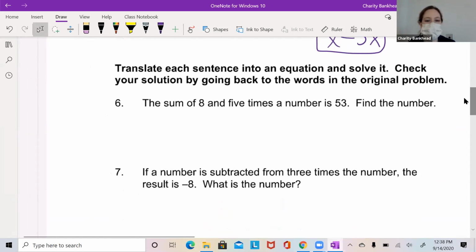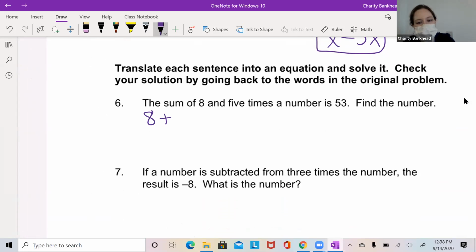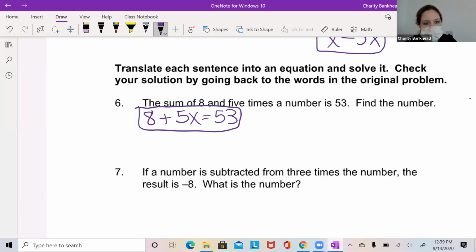So the sum of 8, so that's like 8 plus. So the sum of 8 and 5 times a number, that would be 5x, equals 53. So that is the equation. And then let's solve that.